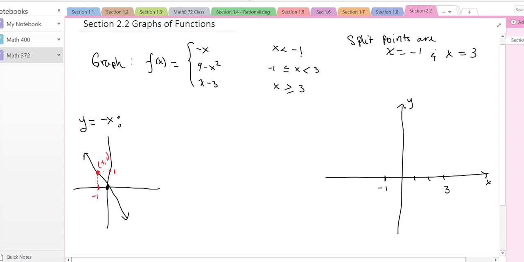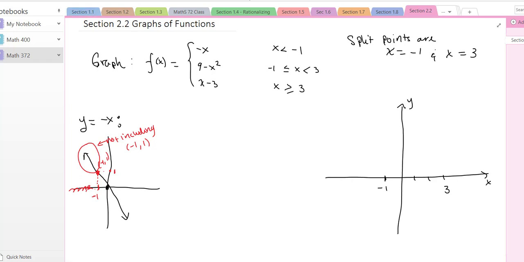So when x is less than -1, you're over here, and I want this part of the graph, not including the point -1, 1, because it doesn't have the equals there. Now let's go look at the second piece.